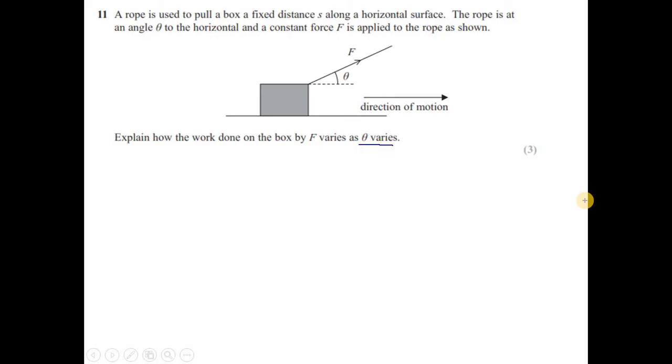So you know that if force is making some angle with the direction of motion, then the work done is found by the formula W is equal to F cos theta times the distance travelled.